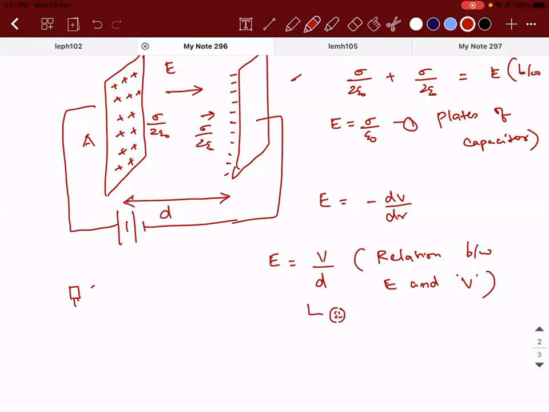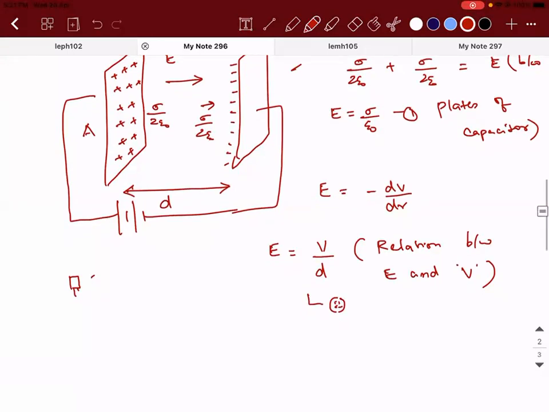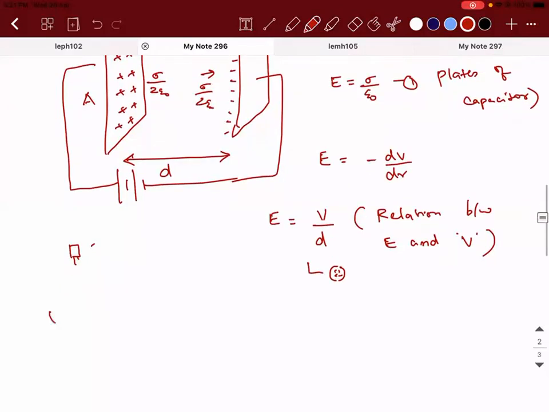Correct? Now see. From 1 and 2, can I say sigma by epsilon naught is equal to V divided by D? But what is sigma, guys? How do you define it?